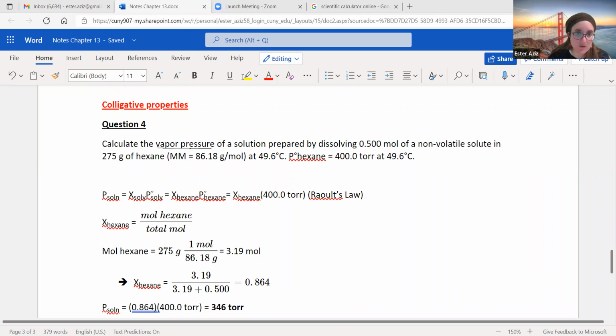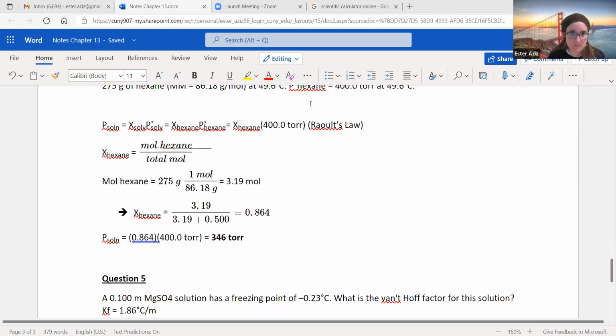So there's a formula for this. Each colligative property comes with a formula to numerically quantify how that property is changed. Here's the formula: the pressure of the solution is equal to the mole fraction of the solvent times the pressure of the pure solvent, P with this circle.